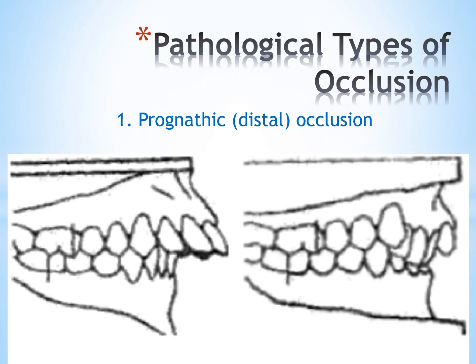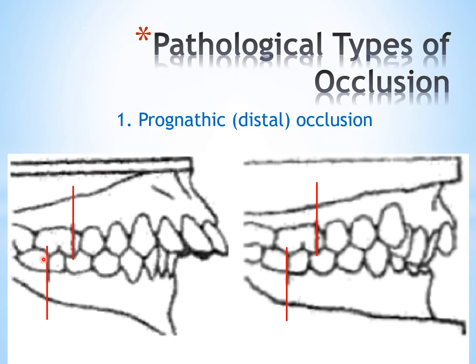As a type of pathological occlusion, Angle described distal occlusion. It is a situation when the mesiobuccal cusp of the upper first molar is located in front of the transverse groove of the lower first molar.